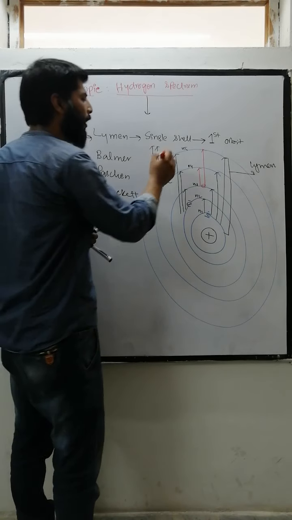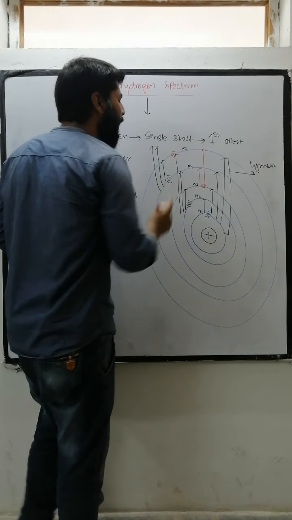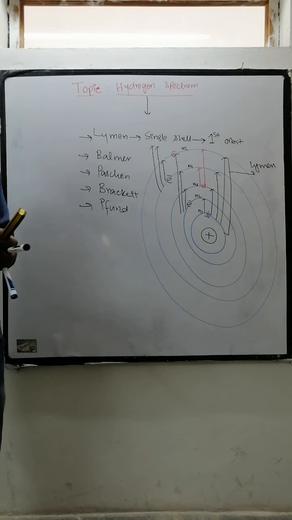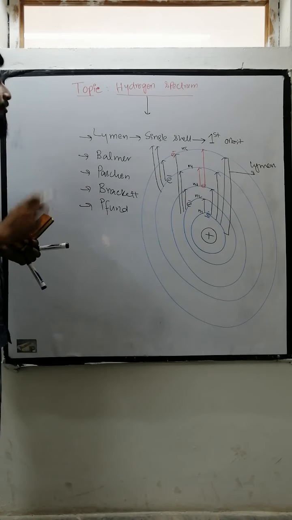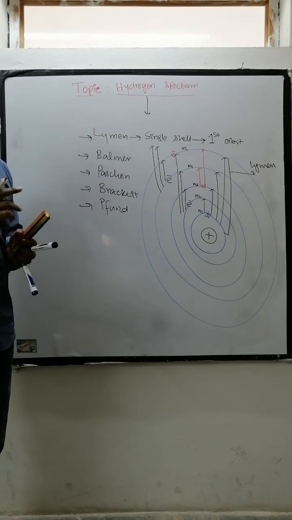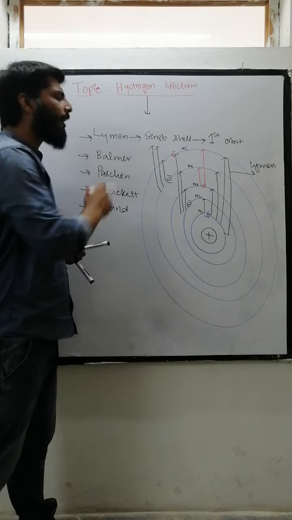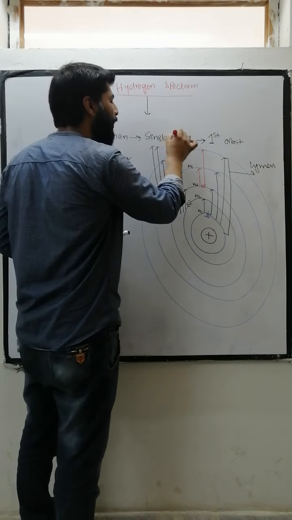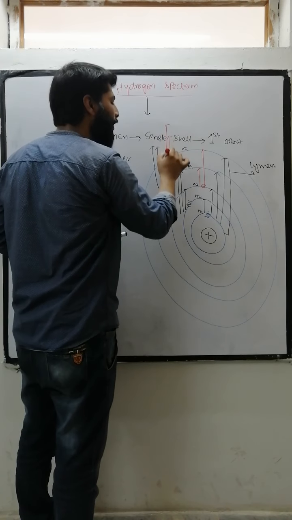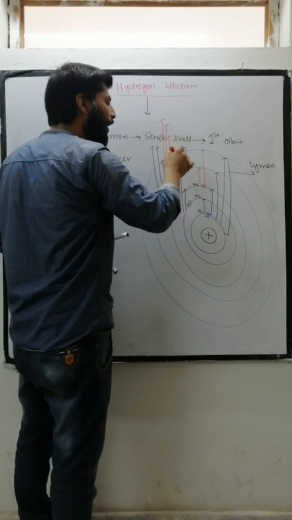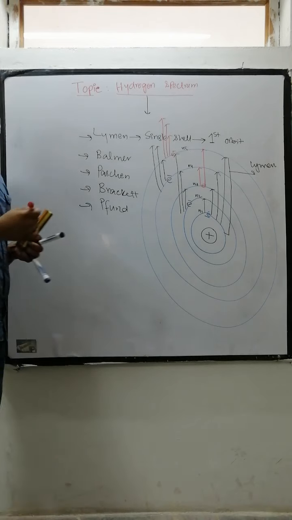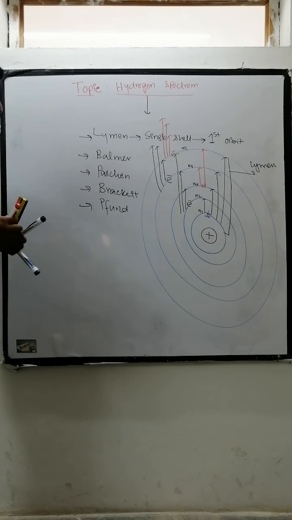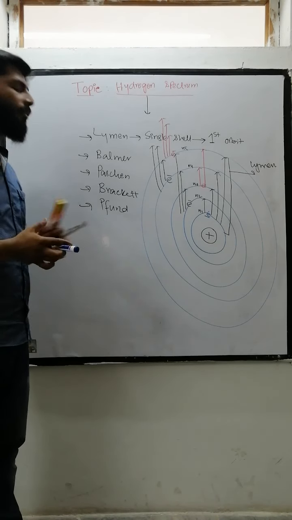And according to the Pfund concept, electron is revolving around the nucleus in fifth orbit, in fifth energy level. And when it gets excited, it will jump from N5 to N6, N5 to N7, N5 to N8, and N5 to N infinity. That was the concept of Pfund.